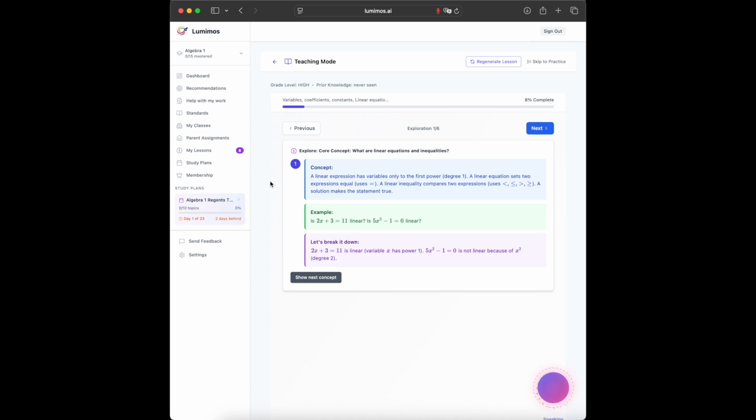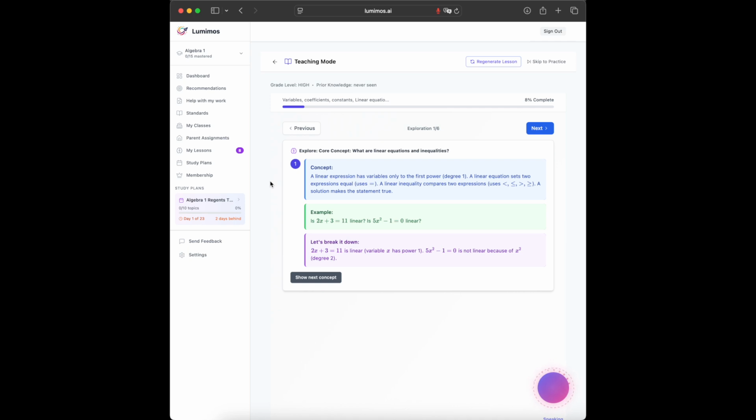A solution makes the statement true. Here's an example. Is 2x plus 3 equals 11 linear? Is 5x squared minus 1 equals 0 linear? The answer is that 2x plus 3 equals 11 is linear because the variable x has power 1. But 5x squared minus 1 equals 0 is not linear because of the x squared, which is degree 2.